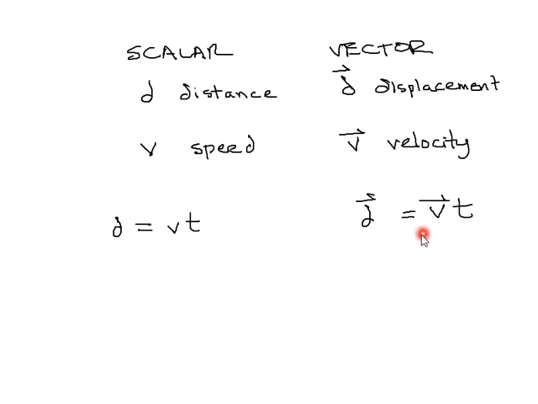So if you're trying to find a displacement, make sure you're using velocities. If you're trying to find a distance, make sure you're only using speeds. This doesn't come up a tremendous amount, but if you see these symbols, I want you to know what they mean, because every so often they'll make a difference to how you do your calculations, to whether you pay attention to direction or whether you do not.